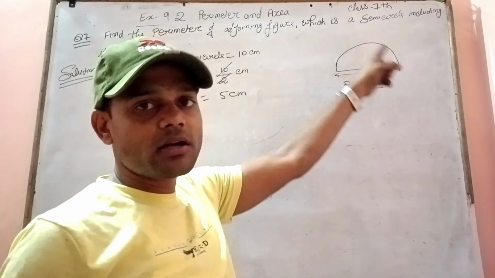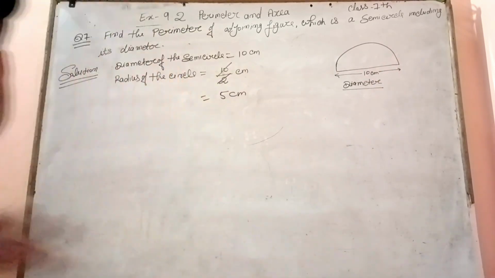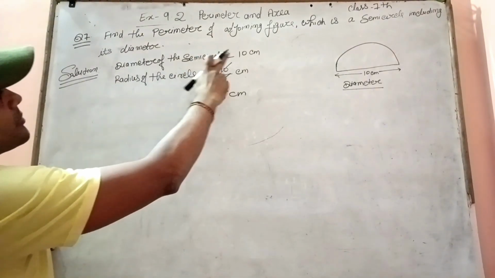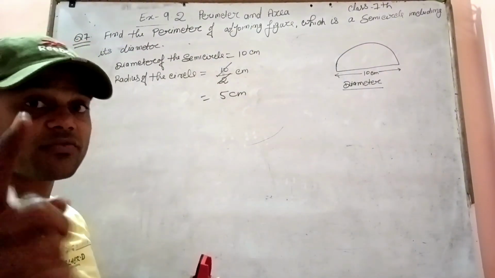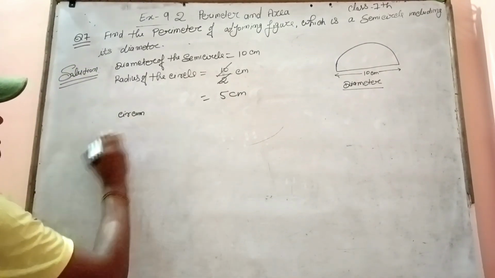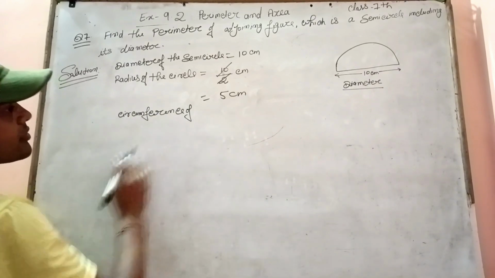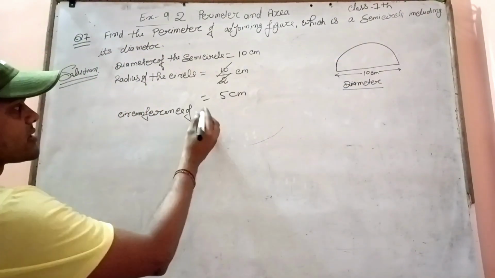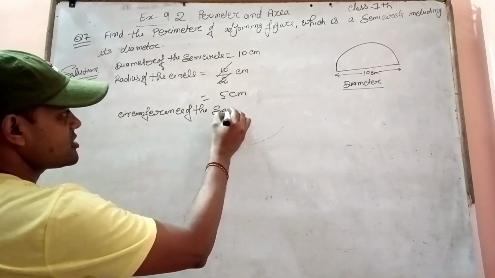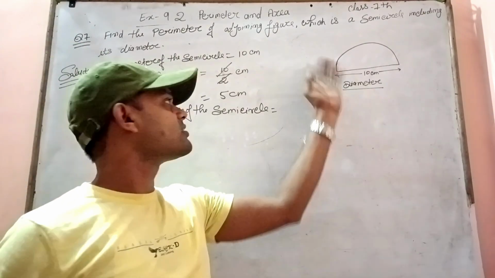Circumference of the circle is equal to 2 pi r, and circumference of the semicircle is equal to 2 pi r by 2. Perimeter of a semicircle, or circumference of the semicircle. Semicircle is half of the circle.